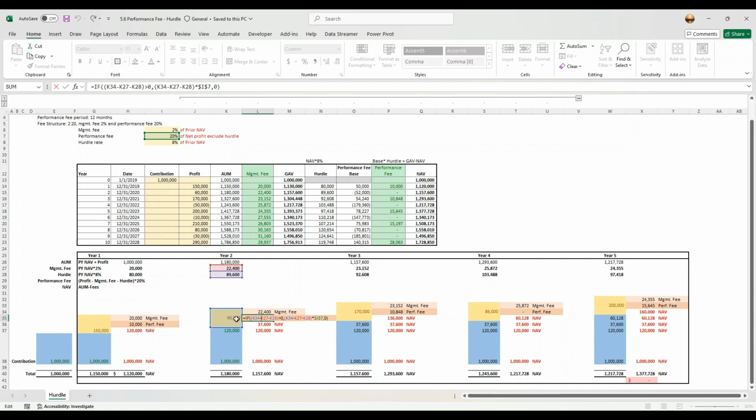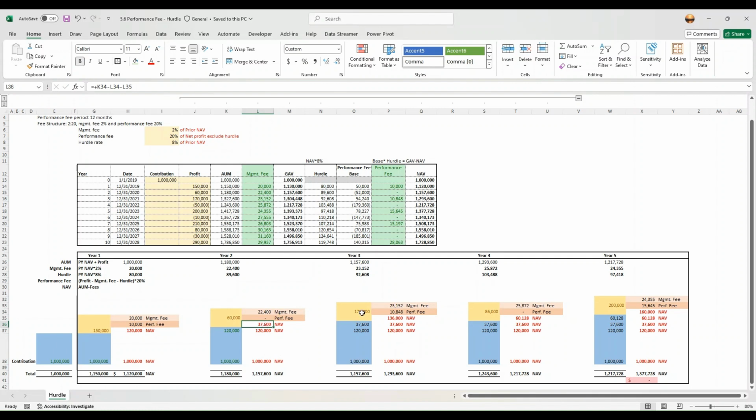If the profit minus management fee and hurdle is larger than zero, we do the math here times 20%. However, if not, we make it a zero. So here we have a zero performance fee for the second year. Despite the zero performance fee, we will still have a little bit left over from the profit, which is going to be accumulated as part of the NAV and roll to the next year.